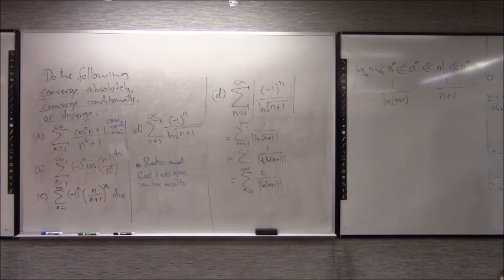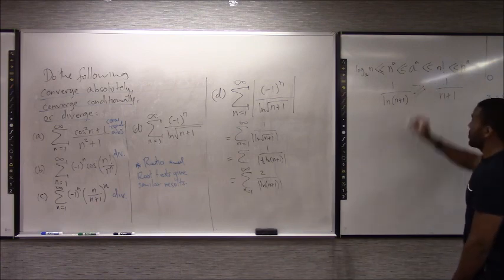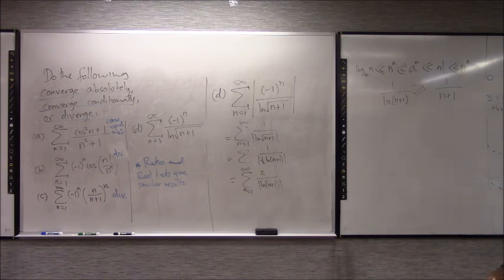The log one's greater. This one's bigger. What can you do with that? What can you tell me about this guy? So focus on this guy for now. What can you tell me about that guy?